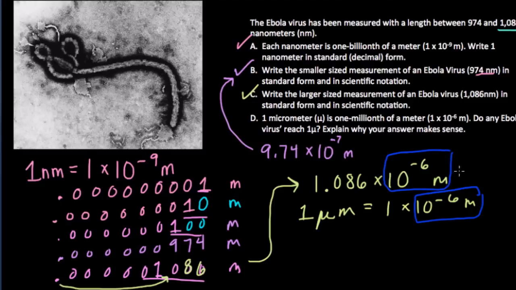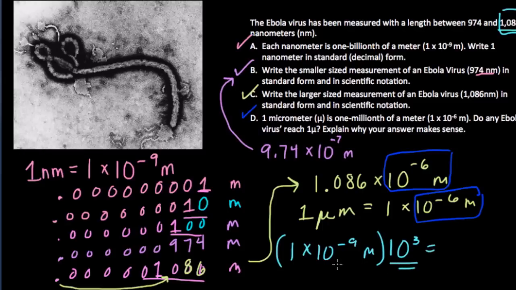And you can see that in the powers of 10, but you might also say that the reason this makes sense, if we look at the size of the larger Ebola viruses, they're not 1 nanometer, they're 1,000 nanometers. And in fact, the structure of a nanometer, 1 times 10 to the negative 9th meters, right? If we take that and multiply it by 10 to the 3, in other words, if we take 1,000 nanometers, or multiply this, what's going to happen?